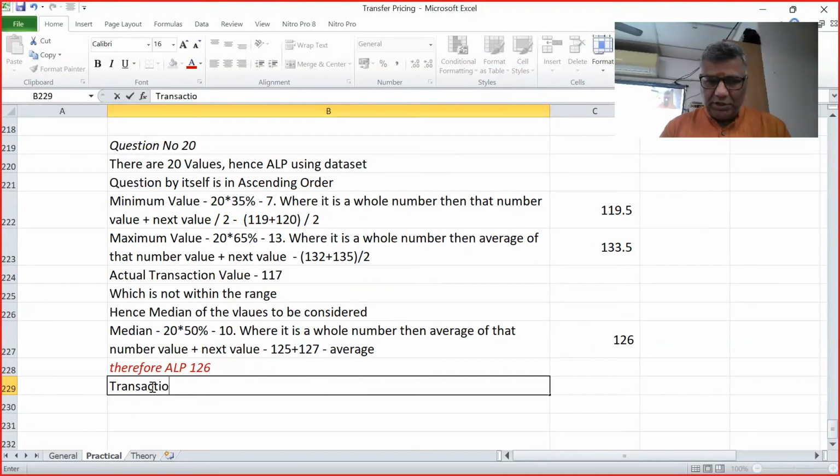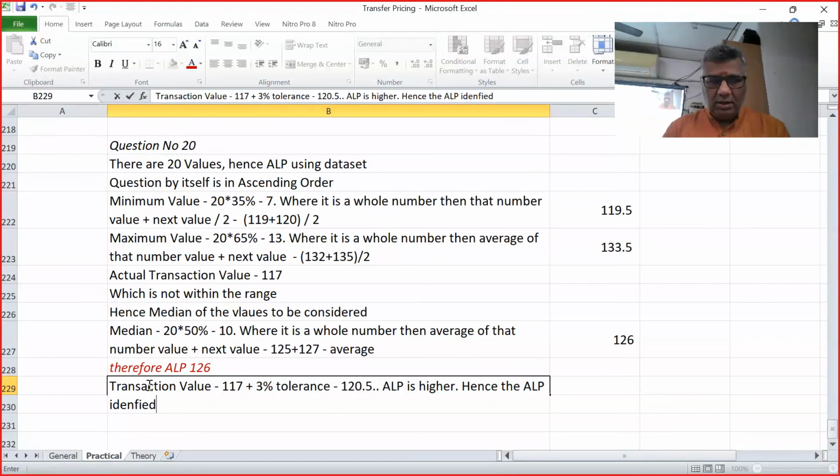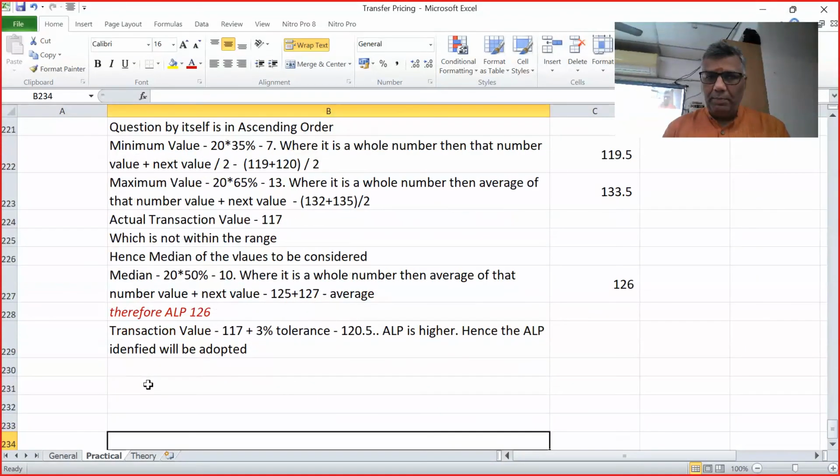Transaction value 117 plus 3% tolerance makes it 120.5. ALP is higher, hence the ALP identified will be adopted. Okay, ALP identified.